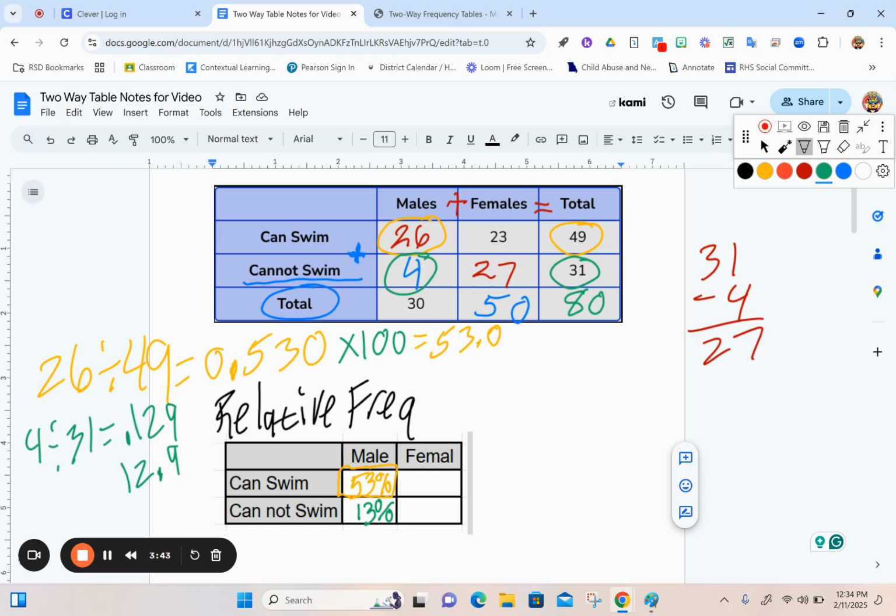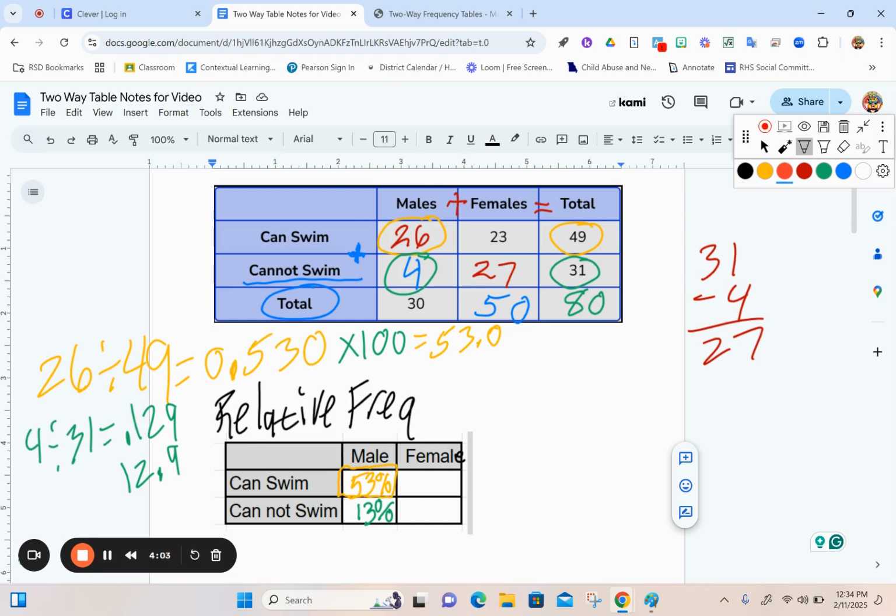Okay? So then we're going to find out the female, and there is an E up here, female, and everything. I cut it off, sorry, for the table misnomer there. But yes, we do have an E on here. There is a female. Okay, so how do we do that?